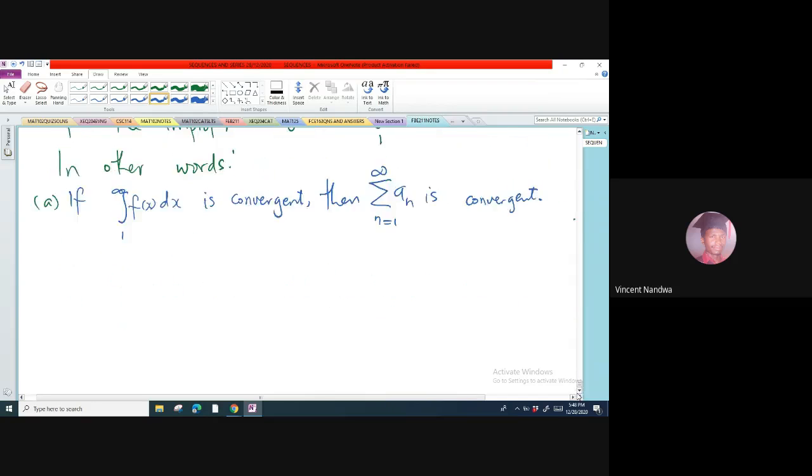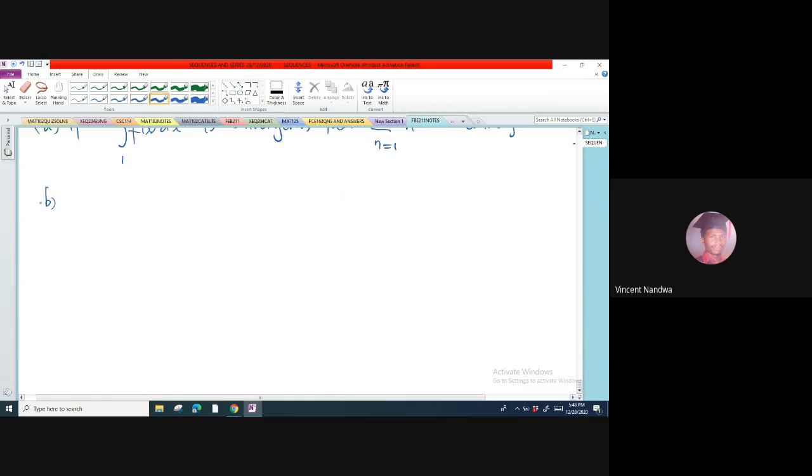And then B: if the integral from 1 to infinity of f of x dx is divergent, then the series is also divergent.